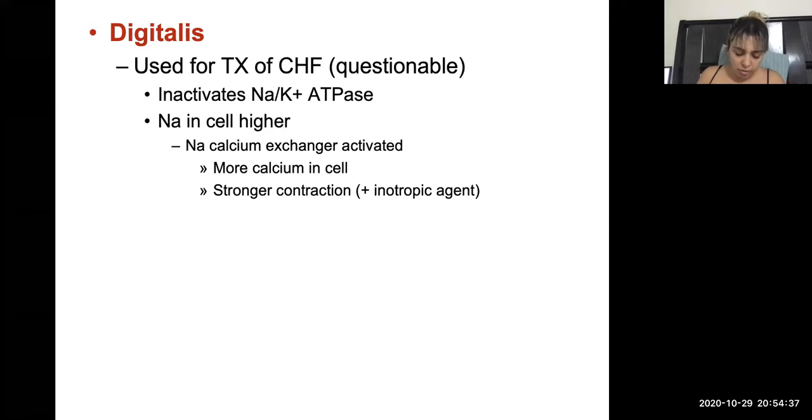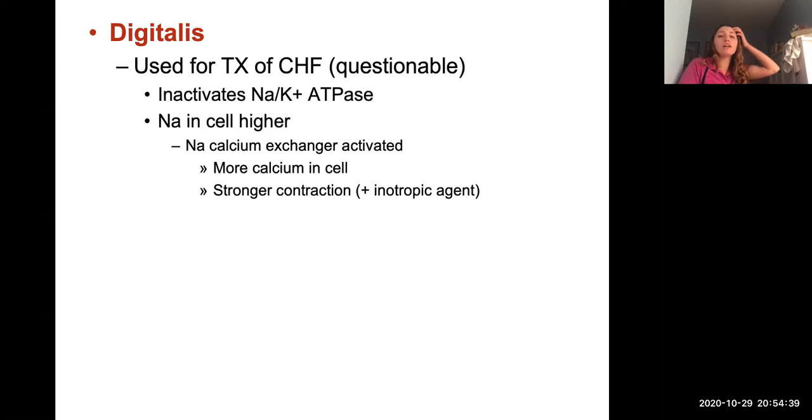Basically, digitalis inhibits the sodium potassium pump, and sodium builds up inside the cell. Once sodium builds up inside the cell, it needs to get outside because then it's really bad. It's not our friend, okay? So the cell activates another pump, called the calcium sodium pump.